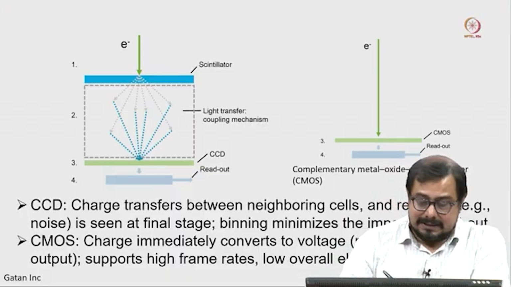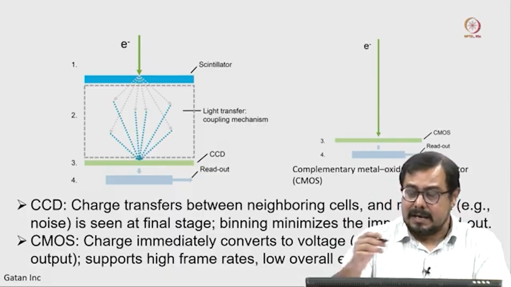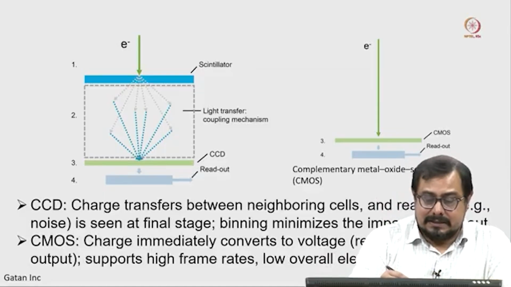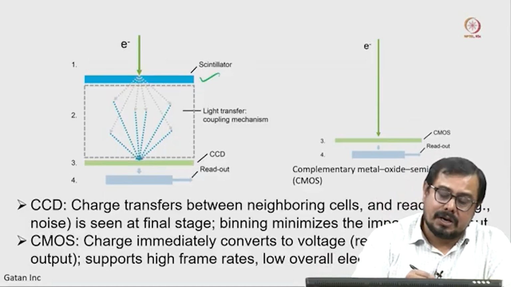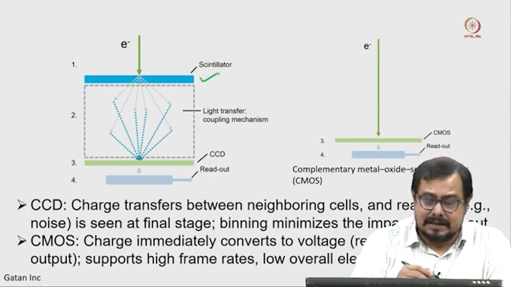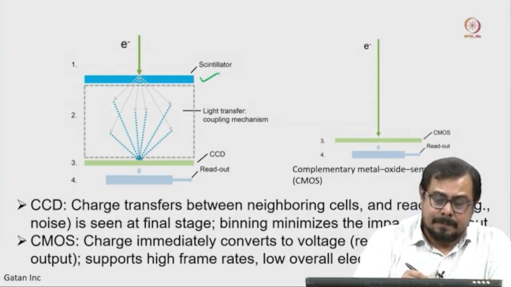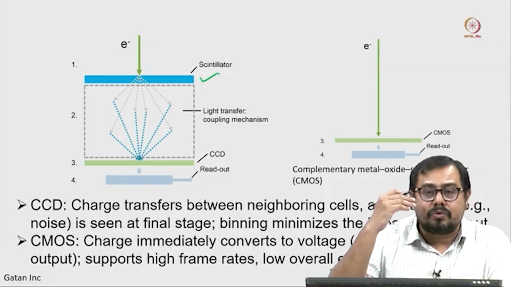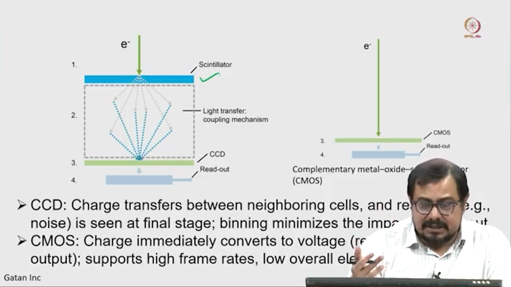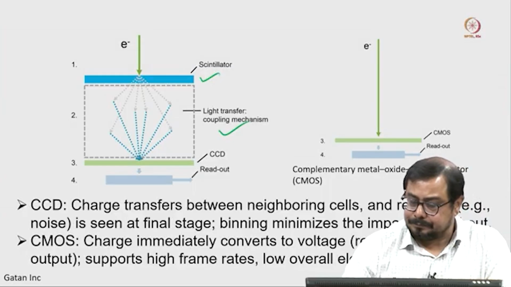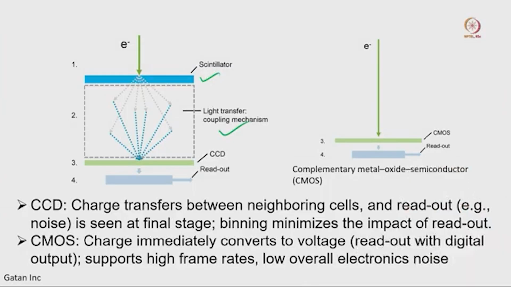Now in this one it will be much clearer how the signal is transferred. Here you can see the scintillator, which converts the electron to photon, and it travels in different directions. When it travels in different directions, it is not recorded directly, so the chances of noise are much higher. Then we go through that light transfer, then it is recorded, and then we get the readout.